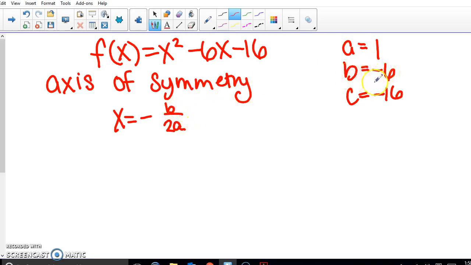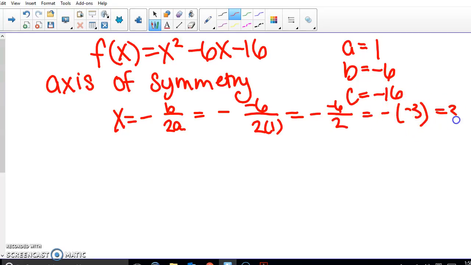So our b is negative 6 and our a value is 1. Plugging those in, we have negative 6 over 2 times 1. So we have negative 6 over 2, or negative 3, or 3. So our axis of symmetry is the vertical line of x equals 3.